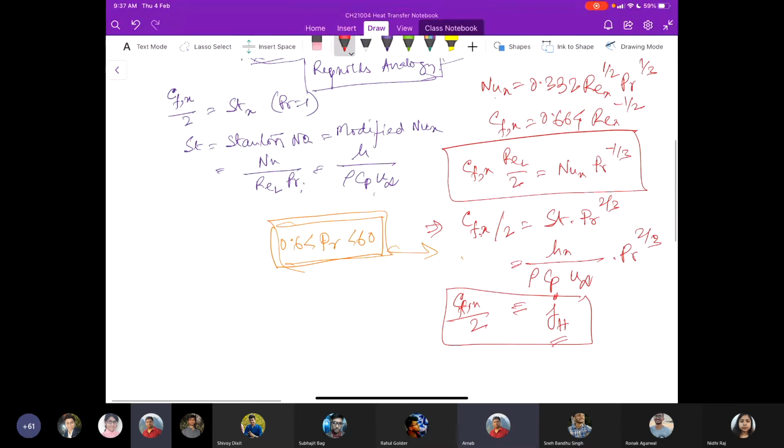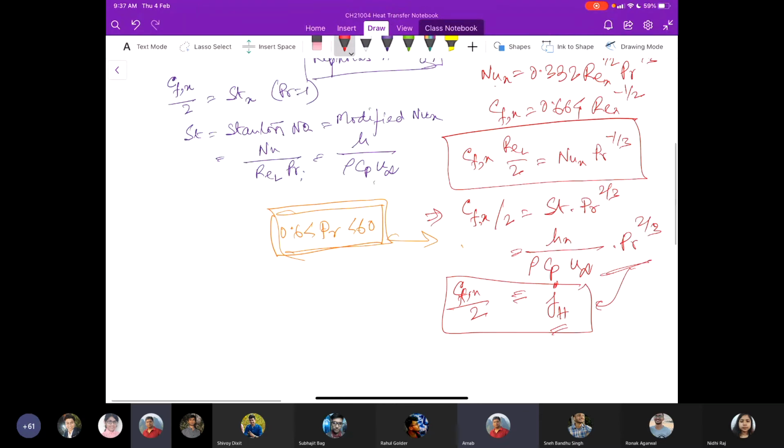This whole term called JH is called the Colburn J factor, named after a scientist.